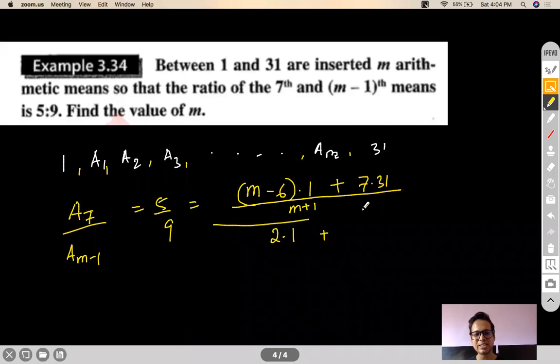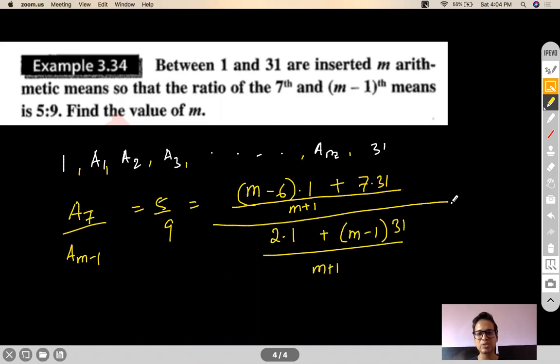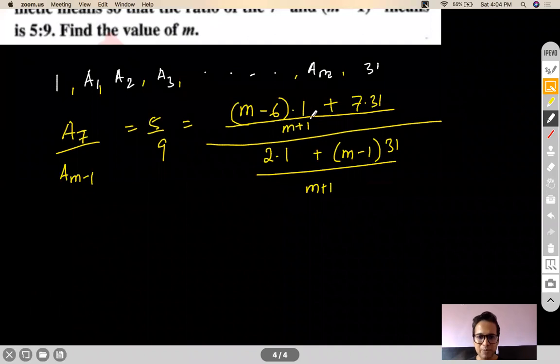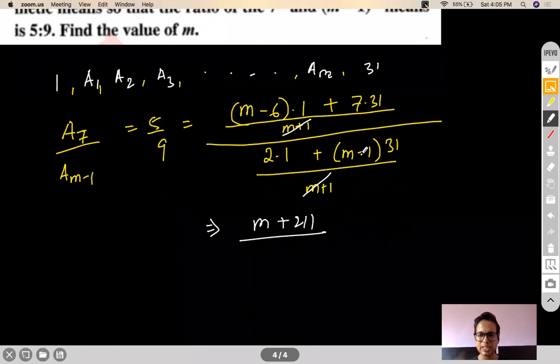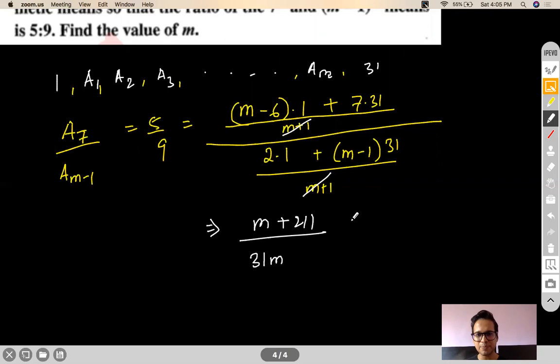And this whole thing is divided by 2 into 1 plus (m minus 1) into 31 by m plus 1. So this is given as 5:9. So m plus 1 will get cancelled off. On simplification, your numerator will give you m, this is 217, 217 minus 6 is 211. And down here I'll get 31m minus 29. This is 5:9. Cross multiply.